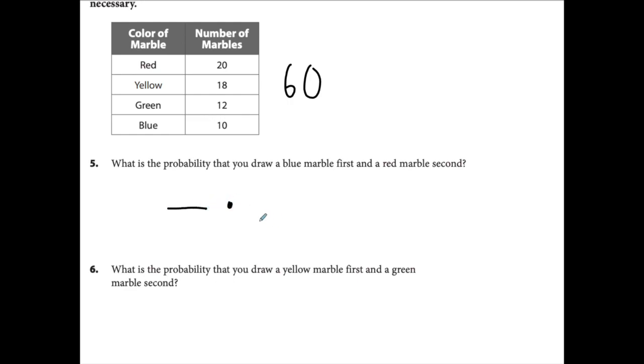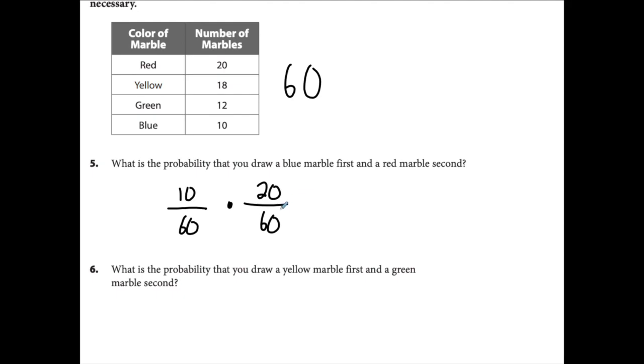So first we need to calculate the probability that I'm going to draw a blue marble. There are 10 blue marbles in the bag and 60 marbles total. The probability of drawing a red marble: there are 20 red marbles in the bag and 60 marbles total.